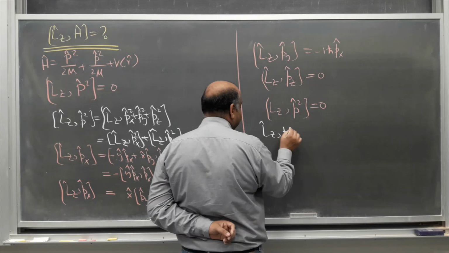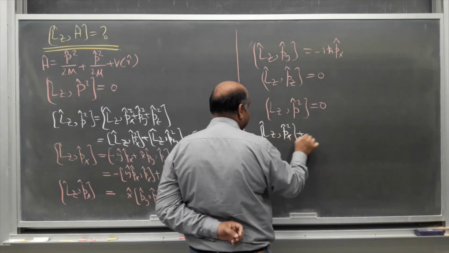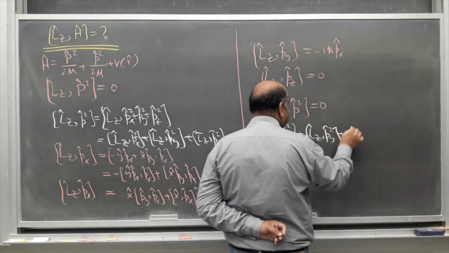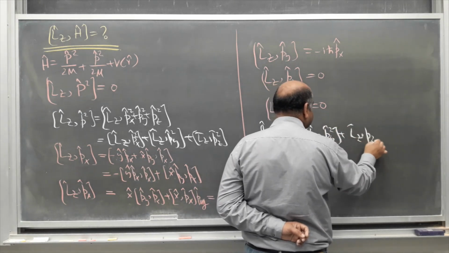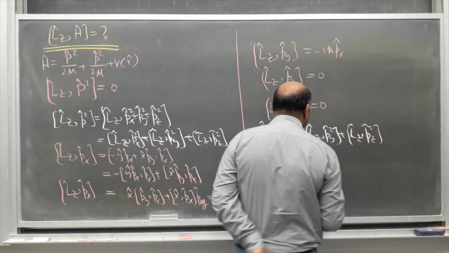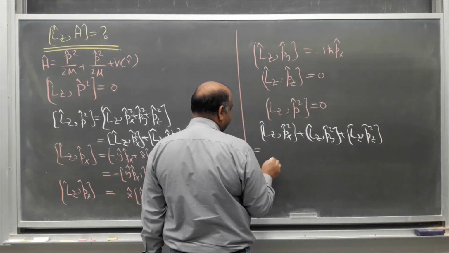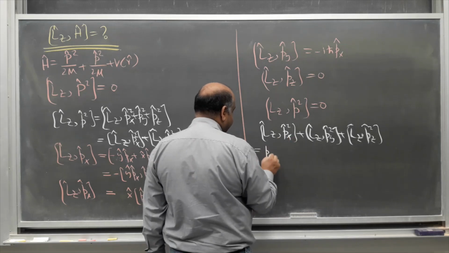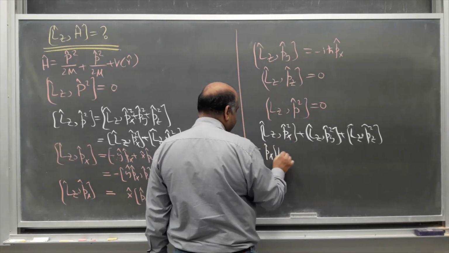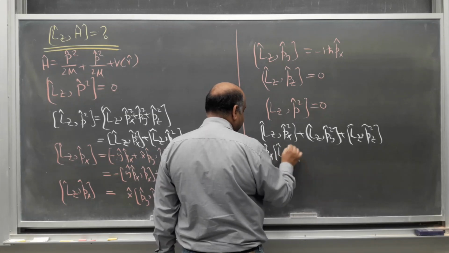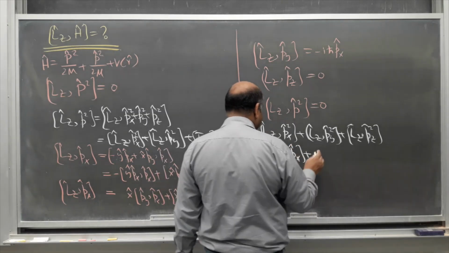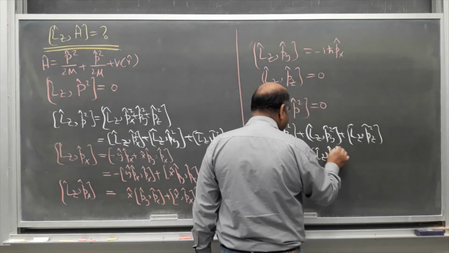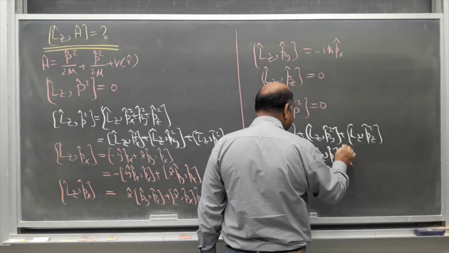Lz px squared plus Lz py squared, Lz pz squared. So this I can write, so this is nothing but px, so we can write px first here, then px on the right side.